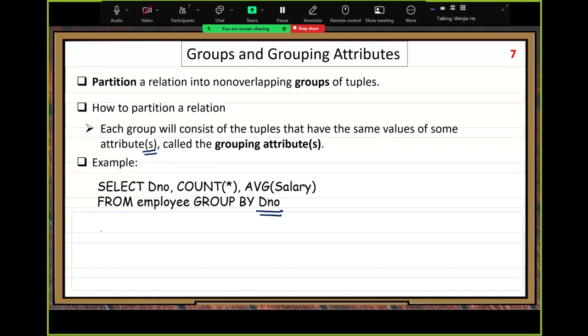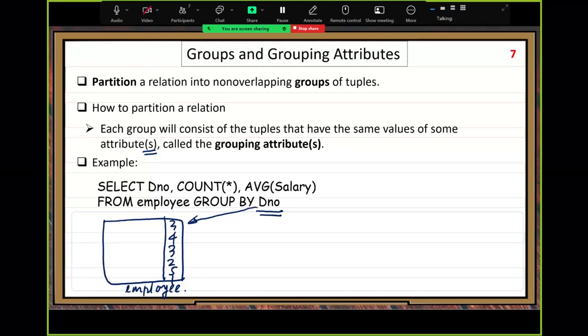So in that employee table, there is a column for the DNO, department number. For example, 3, 4, 3, 2, 5, 1, and so on.